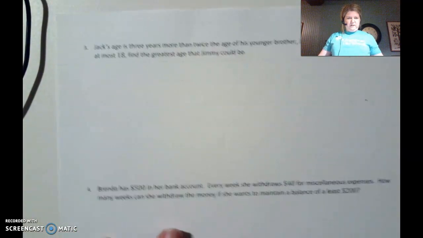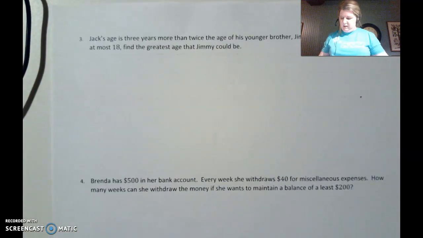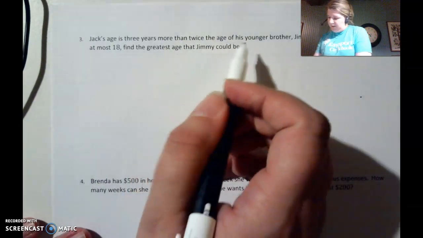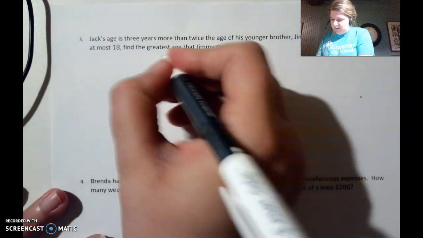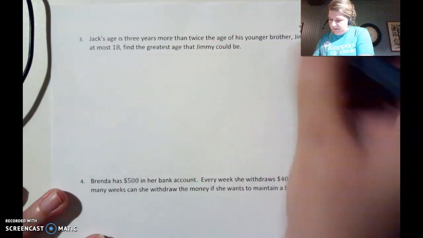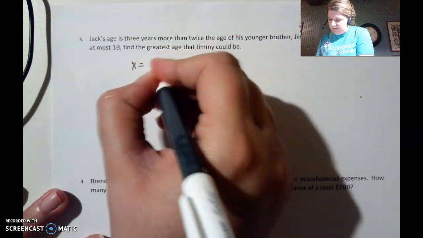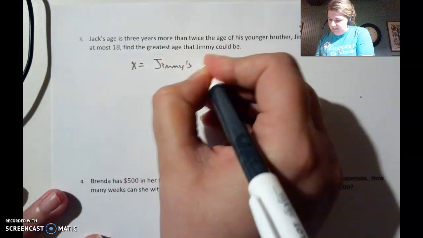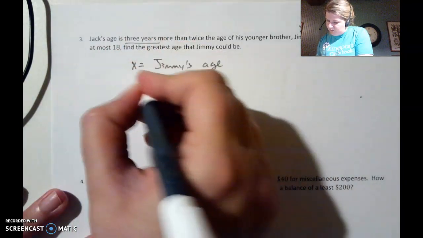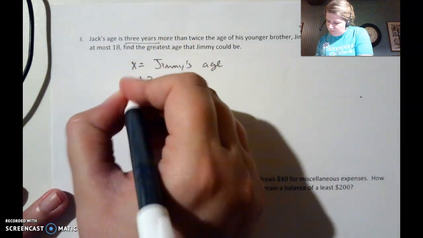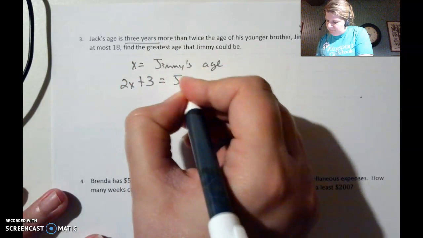Alright, next question. This one is about age. Jack's age is 3 years more than twice the age of his younger brother, Jimmy. So we're going to say X equals Jimmy's age. Okay, so Jack's age is 3 more than twice Jimmy's age.